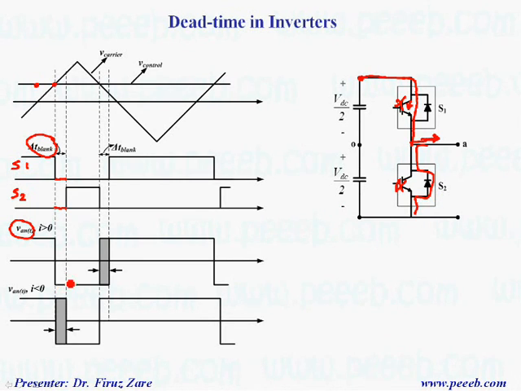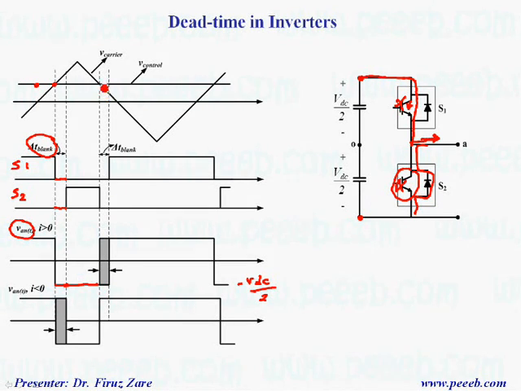That's why this point is now connected to this terminal, which is minus VDC over 2. Even if we have a signal for this IGBT at this point, because the current is positive, the current passes through the diode and it doesn't affect the output voltage. So there is no problem.